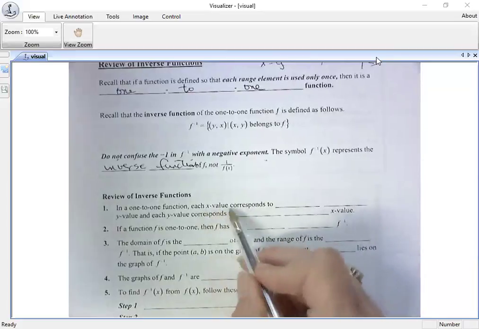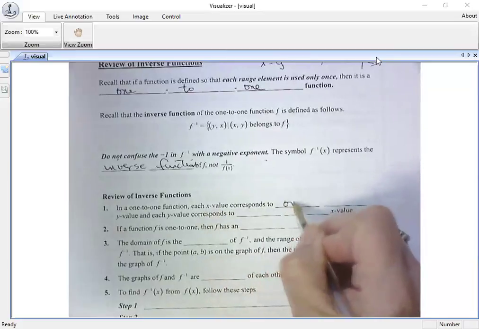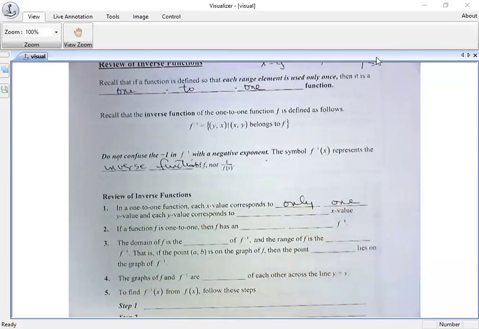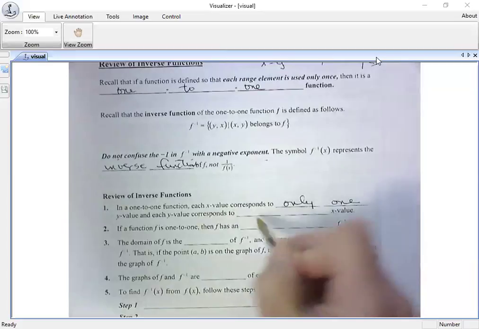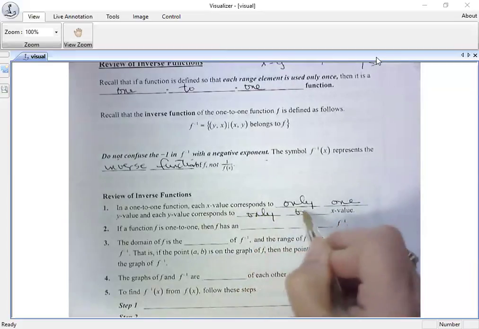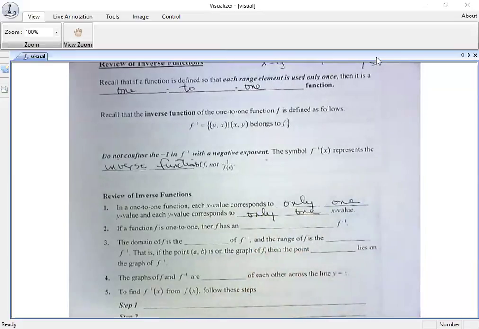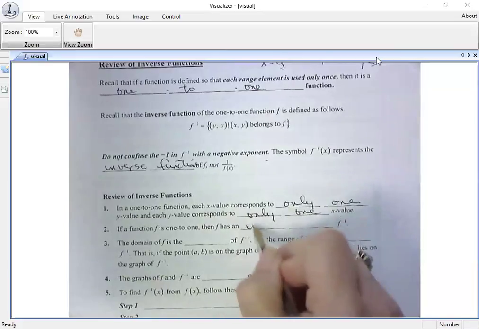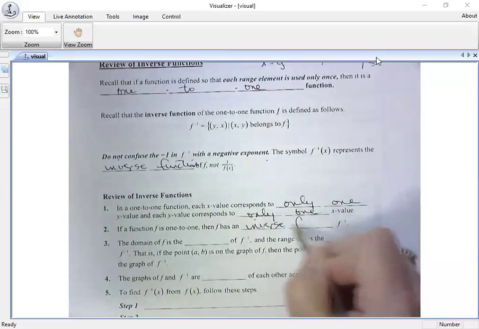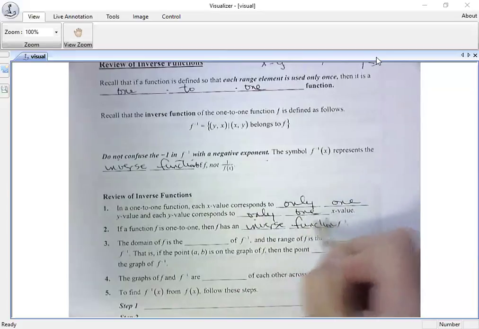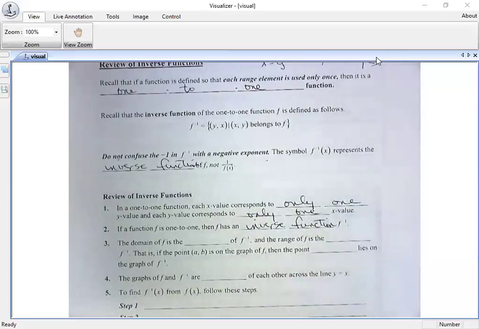It says each x value corresponds to only one y value, and each y value would have to correspond to only one x value. Good. Now, if some function is one-to-one, okay, then there will be an inverse function. That's the only way you get an inverse function, is if the original is one-to-one, okay?